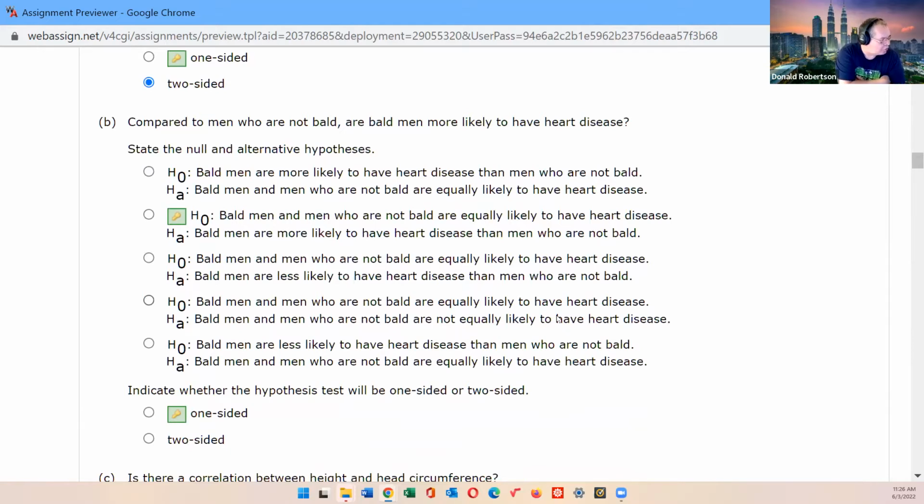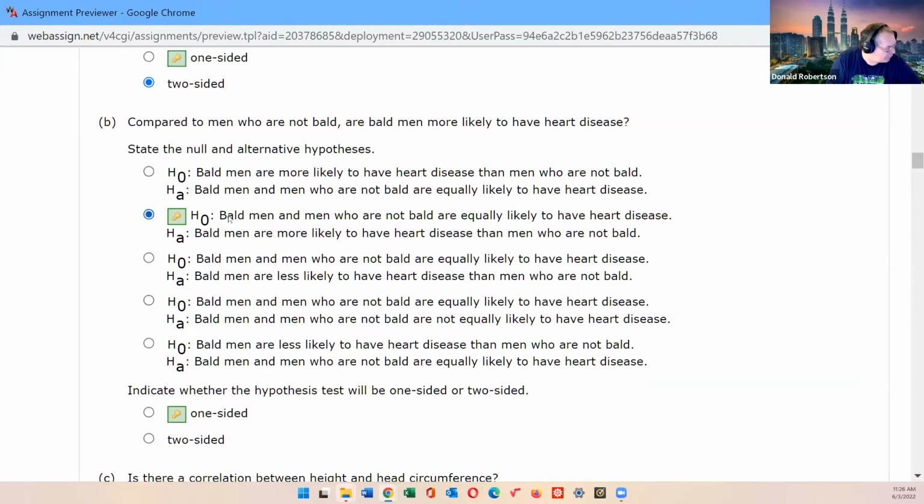Compared to men who are not bald, are bald men more likely to have heart disease? What a weird way of saying it. So are bald men more likely to have heart disease than non-bald men?